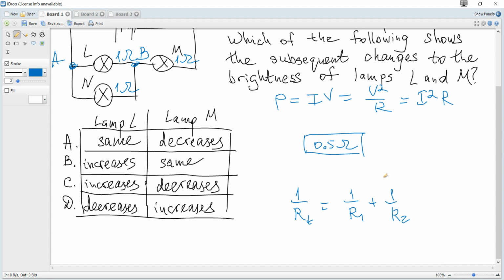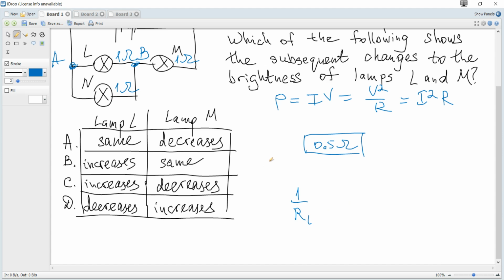But when components have the same resistances, you can find the resultant resistance as you take the resistance of one, 1 ohm, and divide by the number of components. So it's just 1 divided by 2. But it works only if resistances are the same.